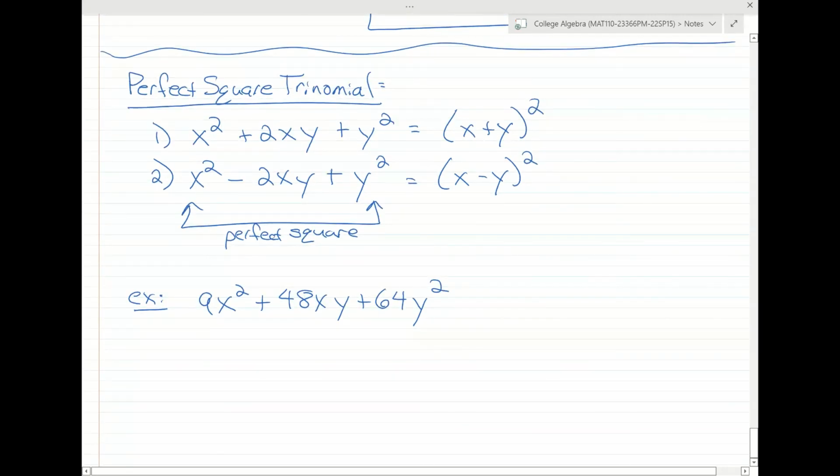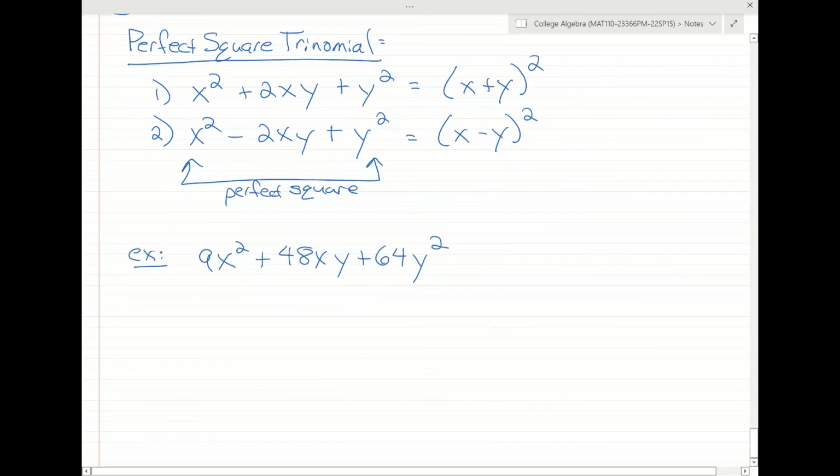You could just do this with regular trinomials with the x. That's totally fine. One thing you could also do is recognize that this is just 3x squared. This is just 8y squared. And this is just 2 times 3x times 8y.